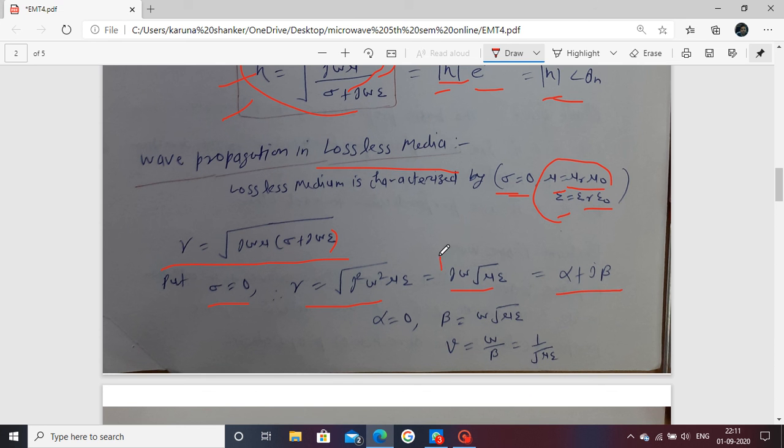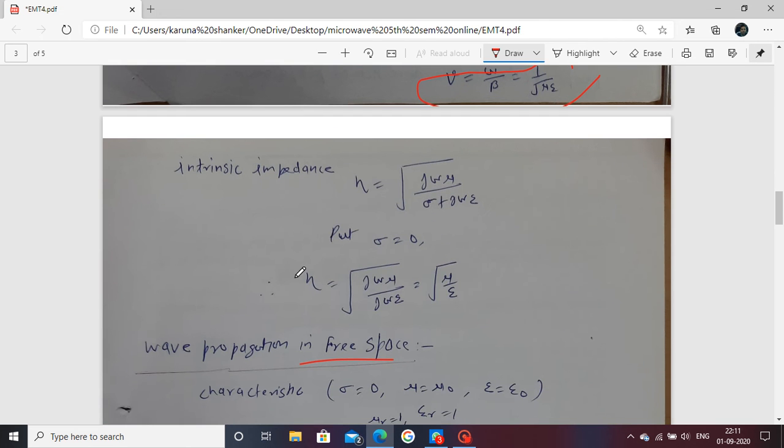Here there is no real part, so alpha is equal to 0, and the imaginary part is beta. In physics, wave velocity is equal to omega by beta. Arranging this relation gives the wave velocity in this form.